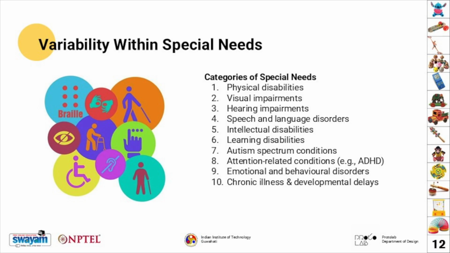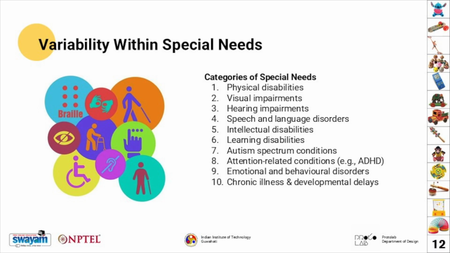Toys dependent on audio feedback may not work unless alternative sensory feedback is provided. Speech and language disorders affect a child's ability to express or understand language. These children may benefit from toys that support communication.